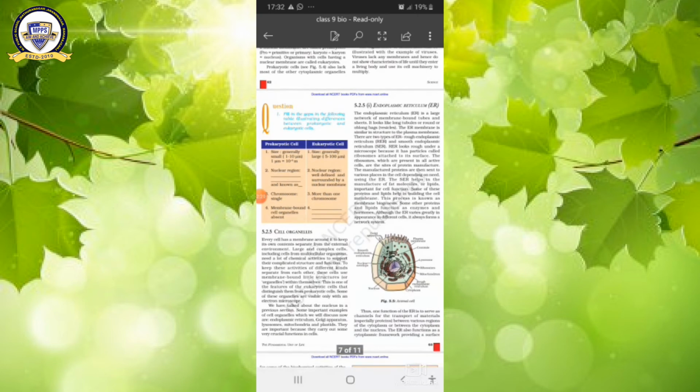The smooth endoplasmic reticulum helps in the manufacture of fat molecules or lipids important for cell function. Some of these proteins or lipids help in building the cell's membrane. This process is known as membrane biogenesis.